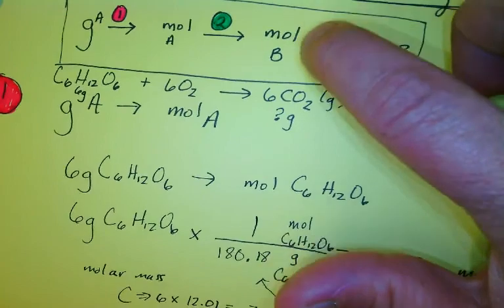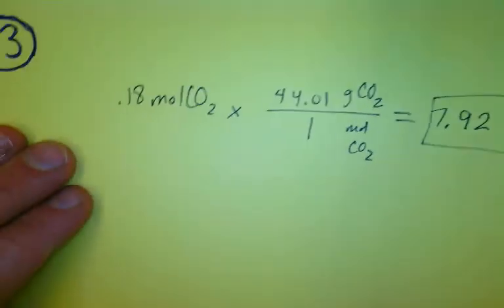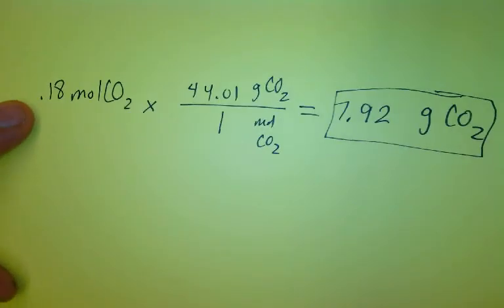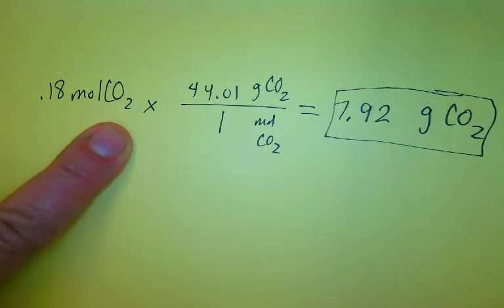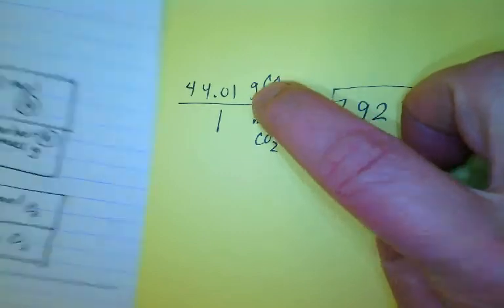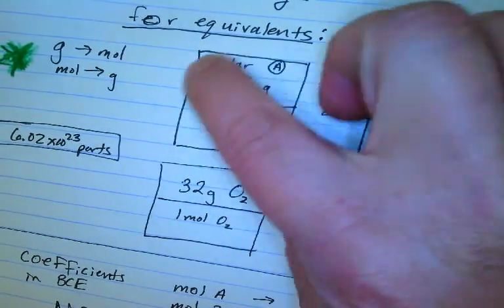Step 3 is to convert from moles to grams. And here is how we do that. So step 3 is purple. I'm going to take my answer from the last part, and I'm going to use my ratios here. I have grams on the top. So I'm going to use this one right here.